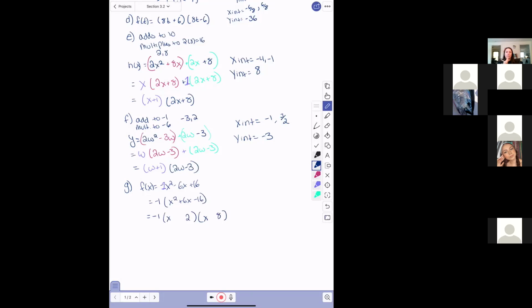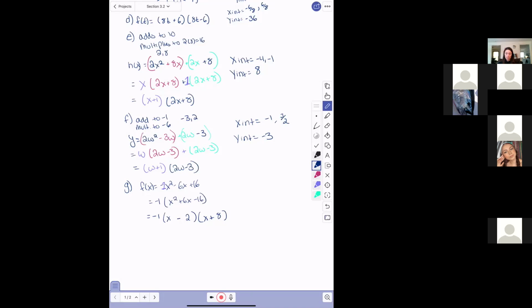And what's going to be positive and what will be negative? 8 will be negative, and 2 will be positive. Careful, because if 8 is negative and we add 2 to it, then we're adding to -6. We have to add to +6. So 2 will be negative and 8 will be positive. Does that make sense? Yeah. Very cool. All right.